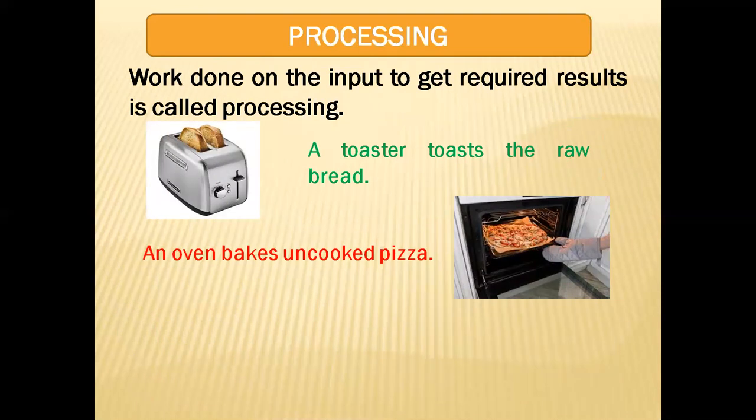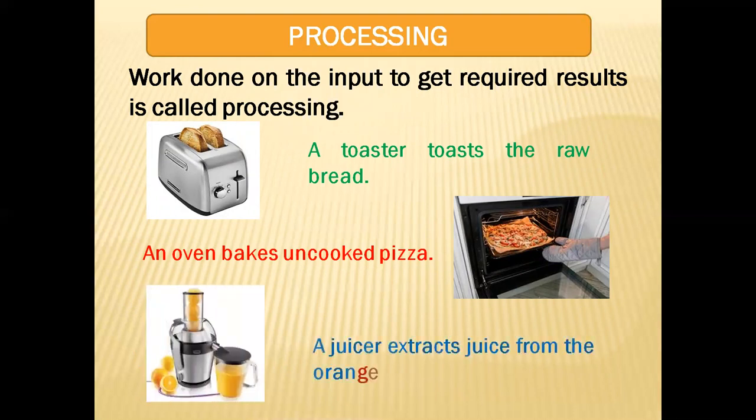So in this case, the oven is doing the processing. Similarly, a juicer extracts juice from the oranges. So the juicer will be the processor in this case. The work done on the bread, the pizza dough, and the oranges is done by these processors, and this work done is known as the processing.